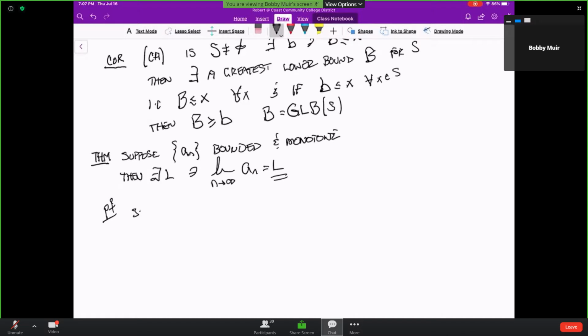So let's suppose that the AN is increasing and AN is less than or equal to some upper bound B for all n.